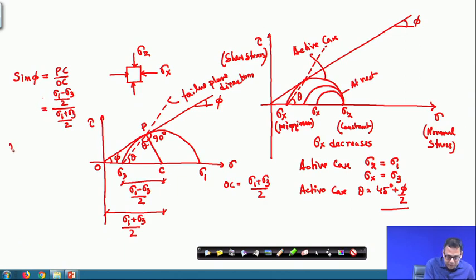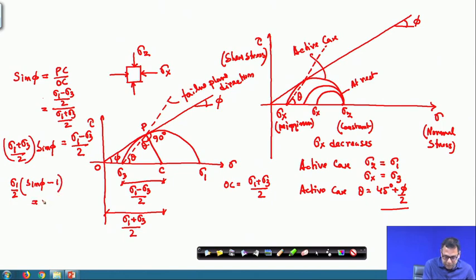Okay. So, I can write that sigma 1 plus sigma 3 divided by 2 into sin phi is equal to sigma 1 minus sigma 3 divided by 2. And if I take all the sigma 1 this side, so sigma 1 divided by 2 will be sin phi minus 1 equal to, if I take minus sigma 3 divided by 2, so this will be 1 plus sin phi. Okay.